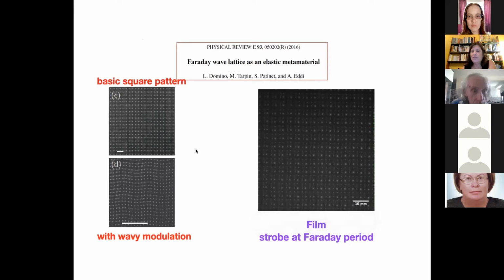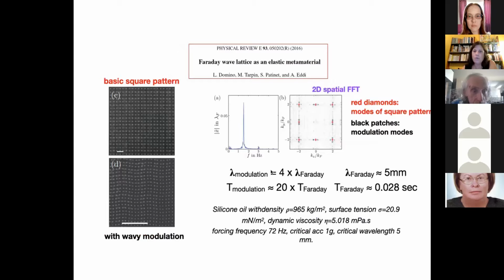And we wanted to see if we could reproduce that. These wave patterns are about 4 times the basic Faraday wavelength, and the modulation time is about 20 times the basic Faraday period.